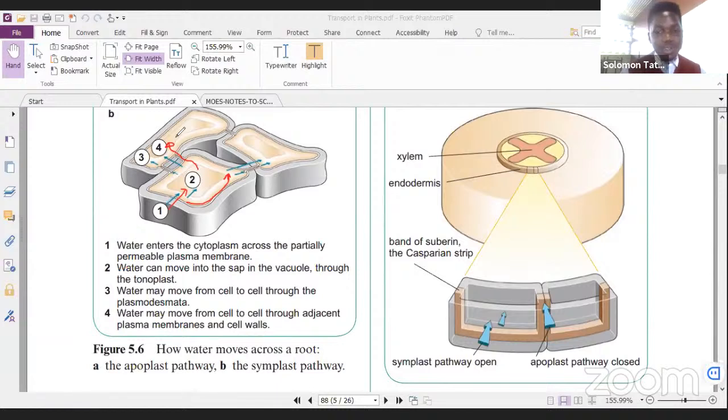It is not active. It does not require energy. Since the vacuoles are always more concentrated, water will always be attracted into the vacuole rather than going through the cytoplasm straight to the next cell. In this pathway, they go from one vacuole to another, utilizing, just like we have said, the cytoplasm and the plasmodesmata. Does that make sense, Maggie?